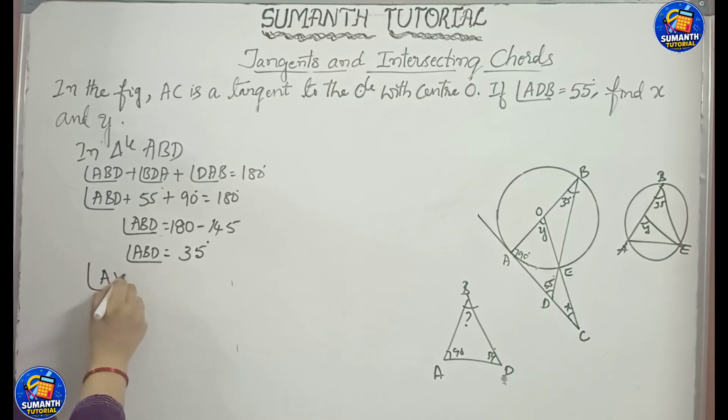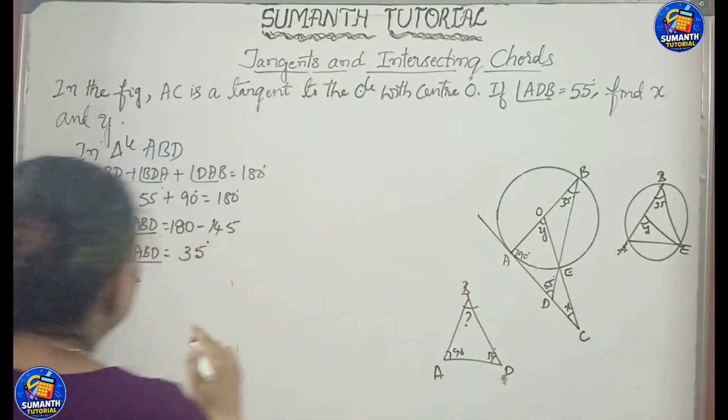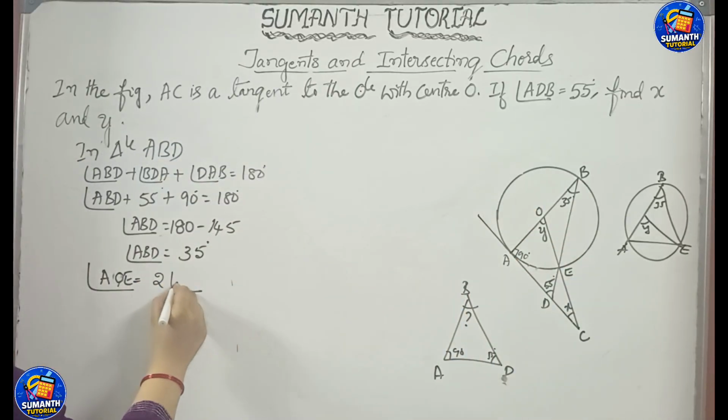Angle AOE, we will write O instead of y, is equal to twice the angle ABE. Therefore, it is equal to 2 into 35.